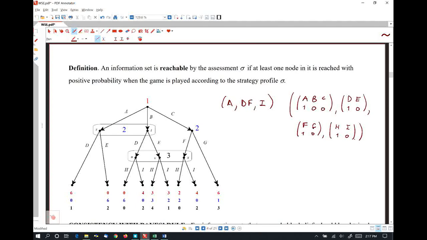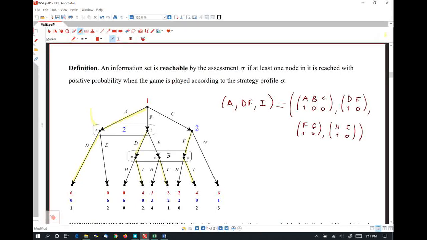Okay, so whenever each player makes a choice with probability 1, then we can just write it more simply like that. So now if you highlight the choices that are played with positive probability, we have A, D, F, and I. So which information sets are reachable?